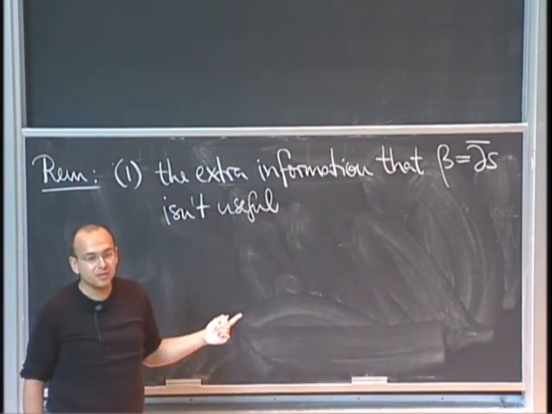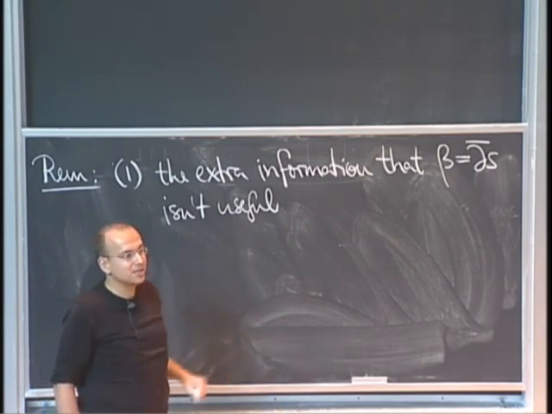It's got to come out of the proof that this had to be true anyway under all of these assumptions.